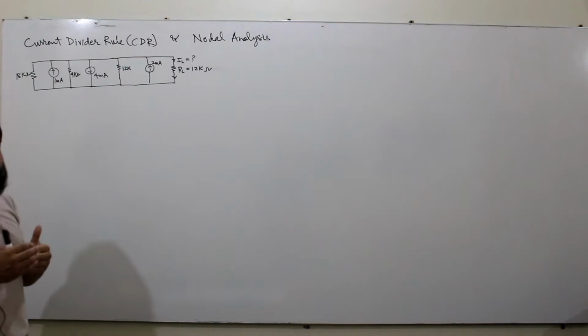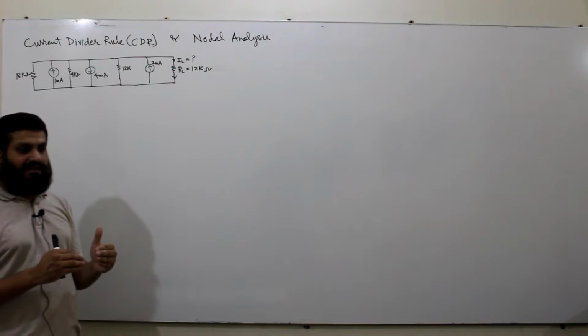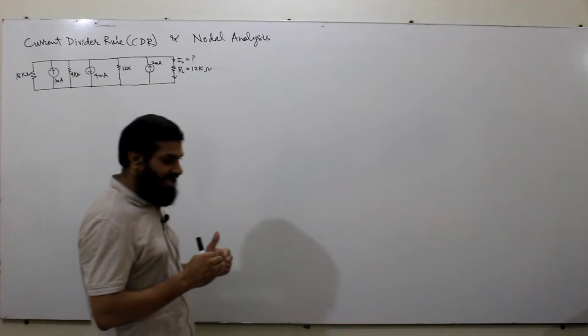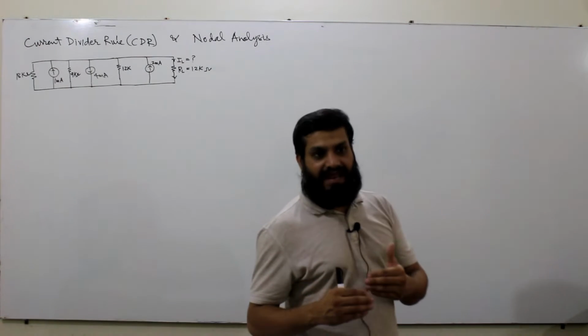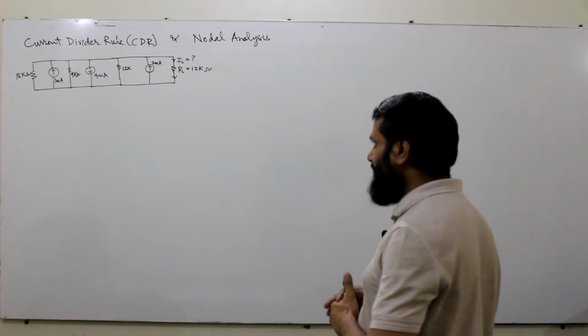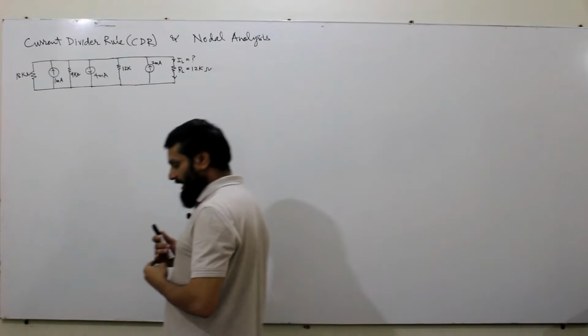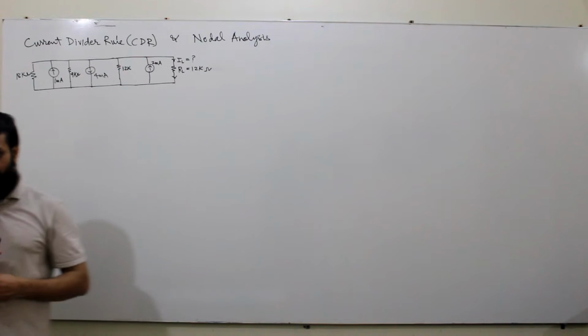So they are dividing the current. The division of the current within the circuit elements follows some rules, so that is the current divider, and we use the current divider rule for that purpose.